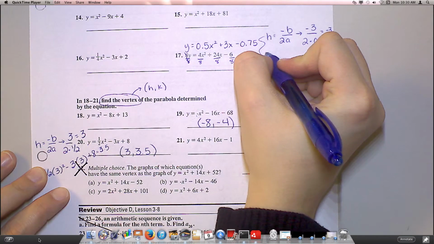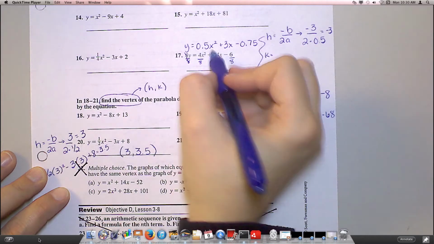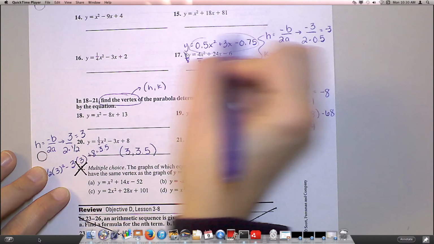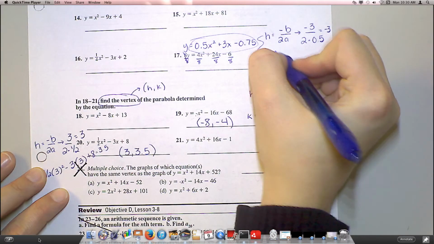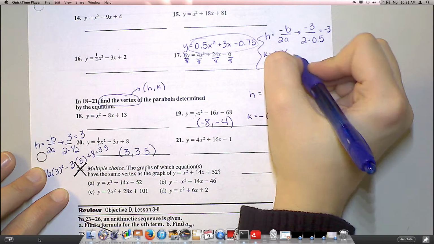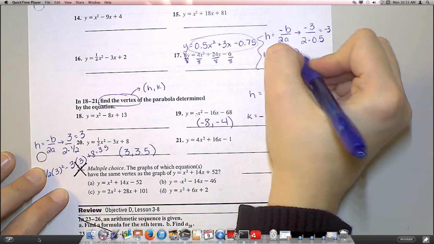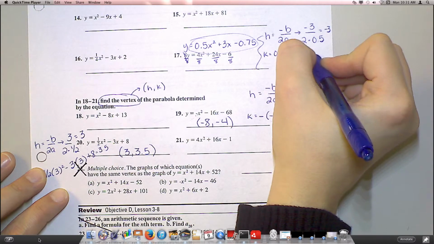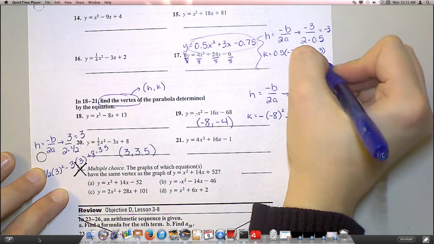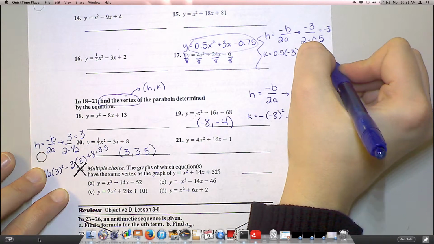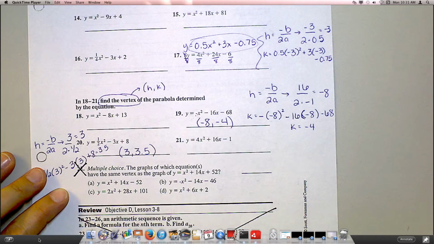For k then, I'm going still to this equation here, the one where you solved for y. So k is equal to 0.5 times negative 3 squared plus 3 times negative 3 minus 0.75, gonna be, again, negative 4.5, negative 5.25?